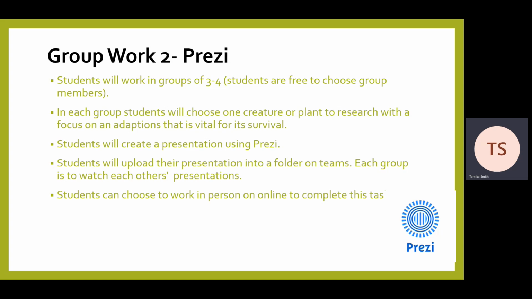Using this information, students will create a Prezi presentation and upload it to a folder in Teams. Each group will watch others' presentations and we will convene back as a group and discuss what we have learnt. Students can choose to work in person or online to complete this task.